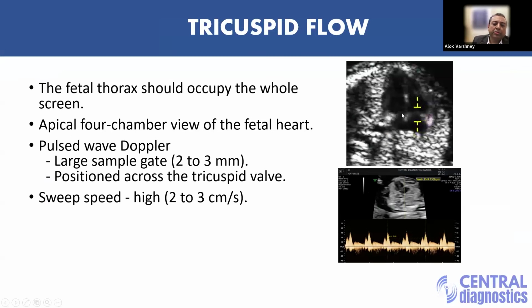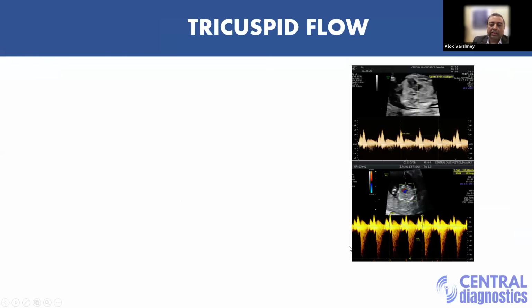We take the 4-chamber view and magnify. We place a sample gate across the tricuspid valve. It should be a wide sample gate, 2 to 3 millimeters in diameter. And again, we keep the sweep speed high, 2 to 3 centimeters per second. And we should be getting a waveform like this.